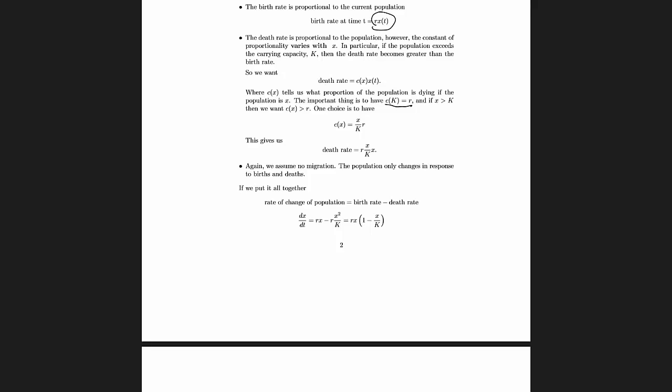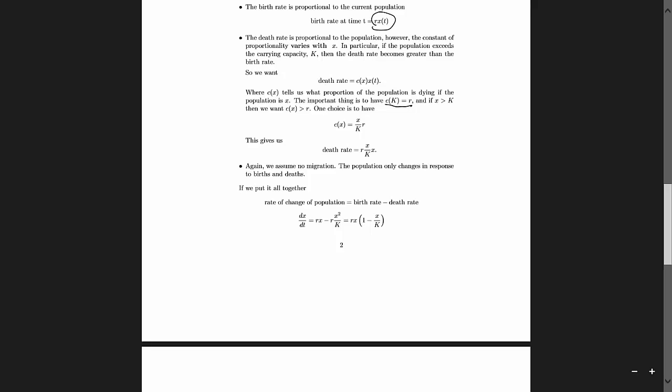And once you get above the carrying capacity, then the proportion of the population that's dying is higher than the constant of proportionality for the birth rate, okay? So that means that once your population gets up above the carrying capacity, you have members dying faster than you're reproducing. Okay, so that should lead to population decline, which is what we want. That's an accurate reflection of things.